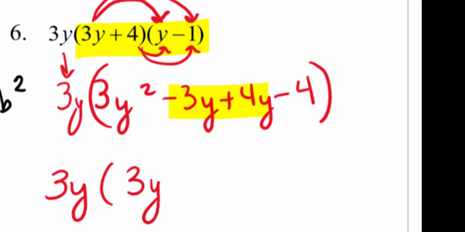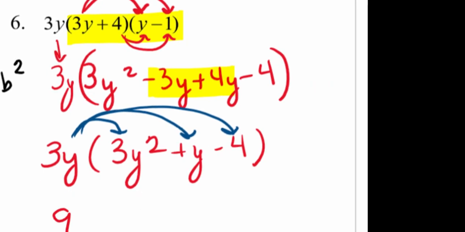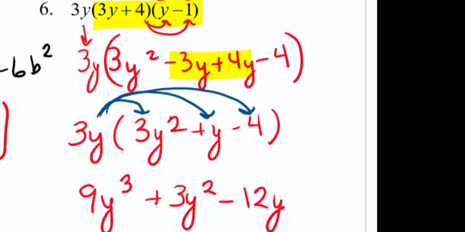So I get 3y squared, and here I get a plus y minus 4. And now we're ready to distribute that monomial on all 3 terms. So we get 9y cubed plus 3y squared minus 12y. Good work.